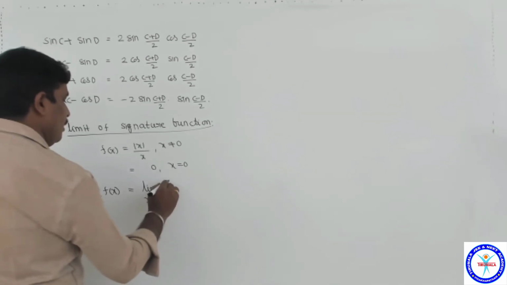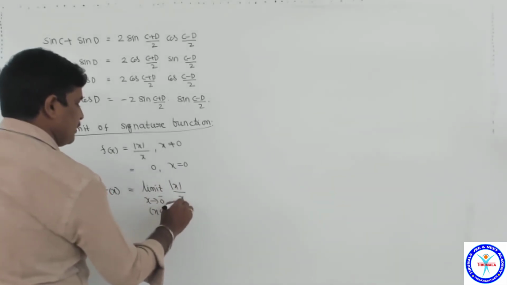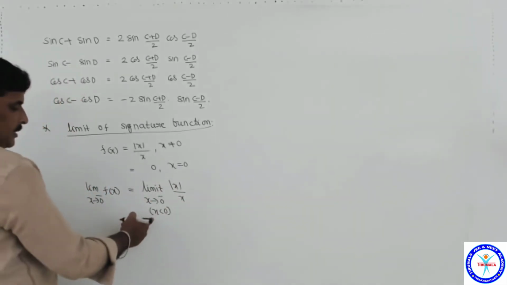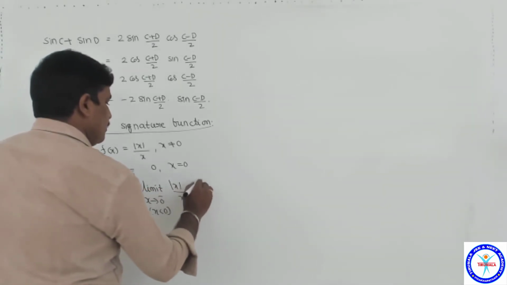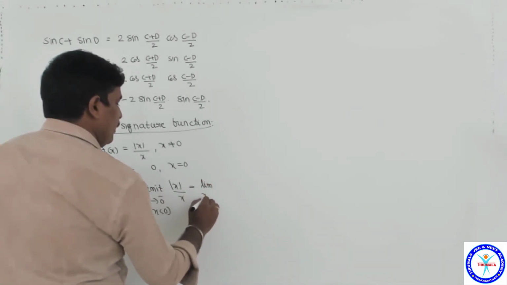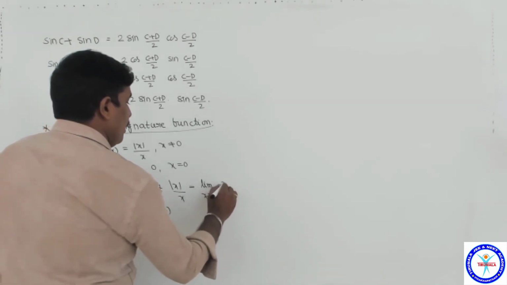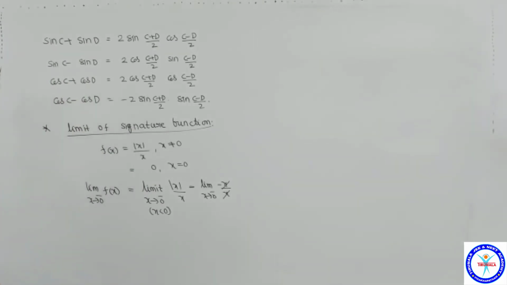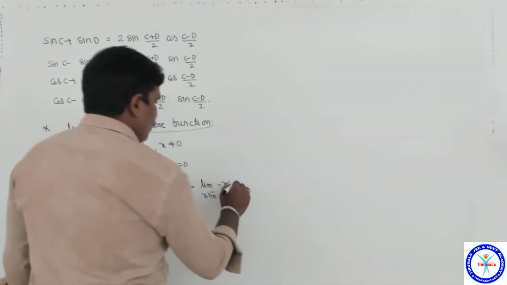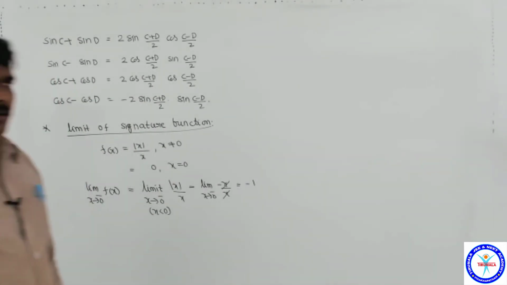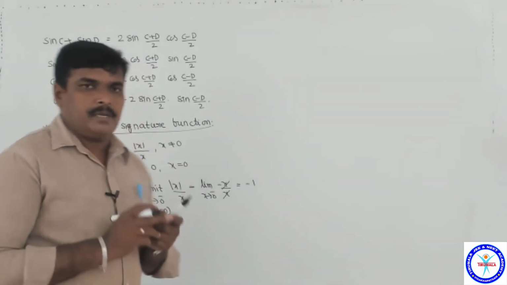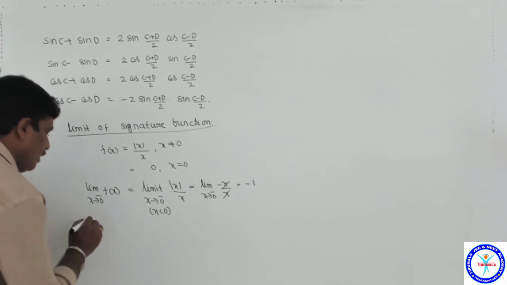What is the function? Mod x by x. When x is less than 0, the value of mod x is minus x. That's why this is equal to limit x tends to 0 minus of minus x by x. The limit of a constant is itself, so we get minus 1. Now we are going to find the right limit of f of x at 0.